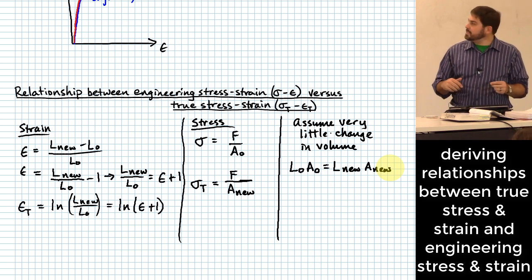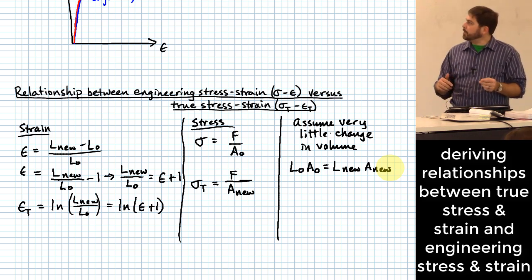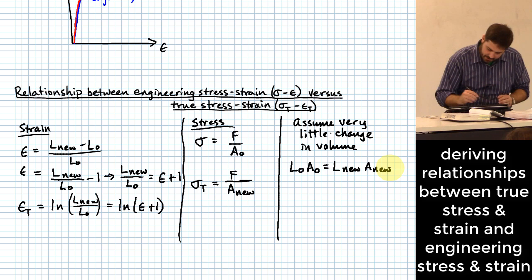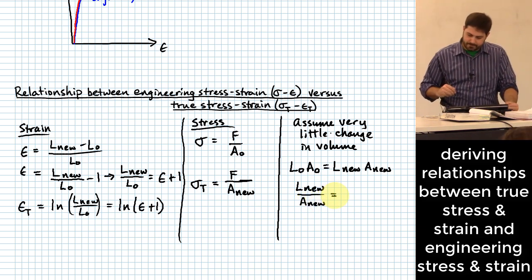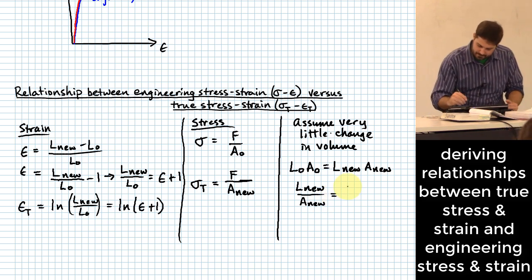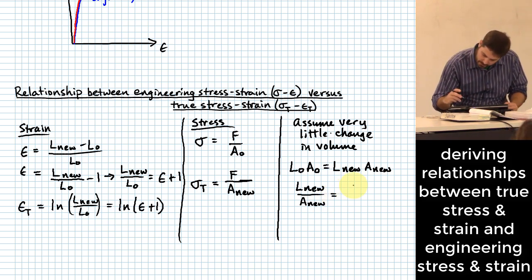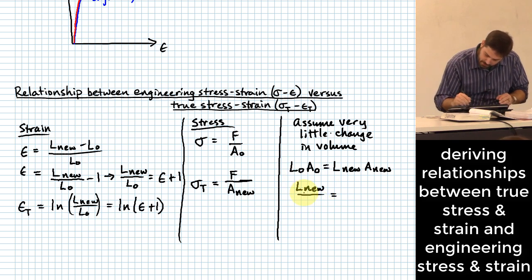Well, let me take this and actually manipulate it a little bit. Let me say I want to find L new over A new. What will this be equal to? Actually, I meant to write L new over L0. Sorry.